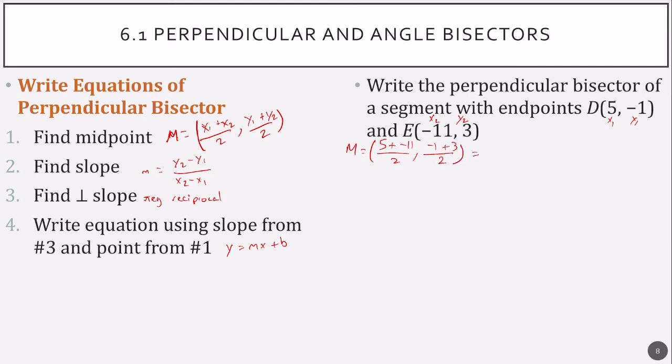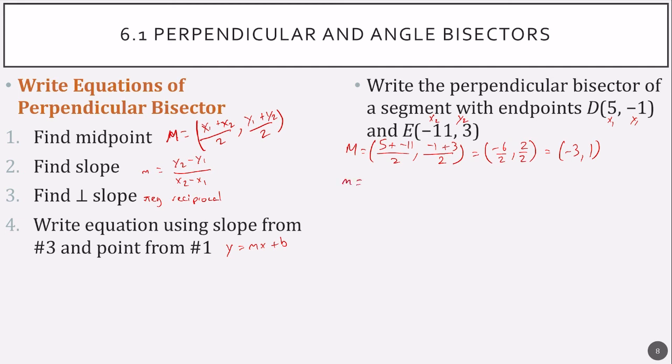So that gives me my midpoint of, see, 5 plus negative 11 is negative 6, and 2. So that looks like it's negative 3, 1. So when I go to find my equation, that'll be my x and my y.